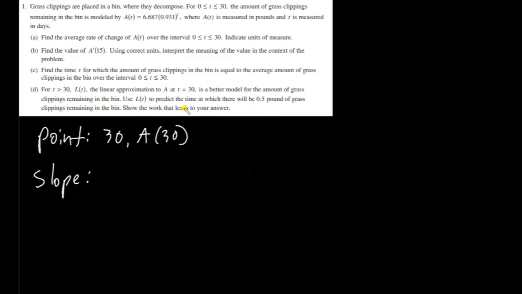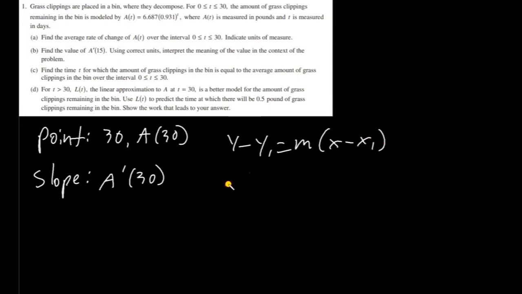And then the slope at that point is going to be a prime of 30. Now we can say that y minus y1 equals m times x minus x1 to get the tangent line, and we'll just plug in our point. Our point is going to be our x1, y1, and this is our m.